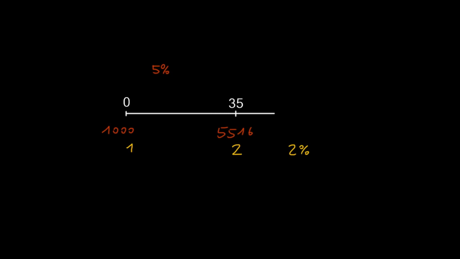If we want to express the purchasing power of the 5,516 euros 35 years from now in terms of today's purchasing power, then we just have to divide the 5,516 euros by 2. This gives 2,758 euros.